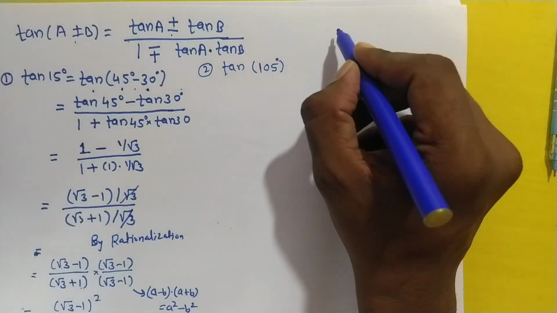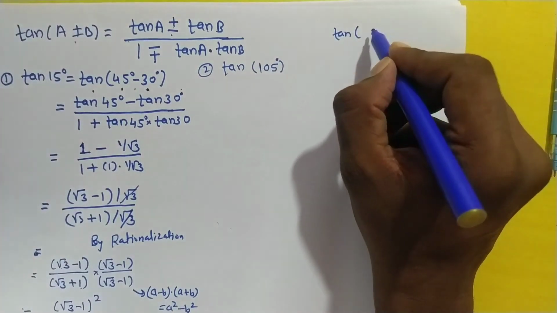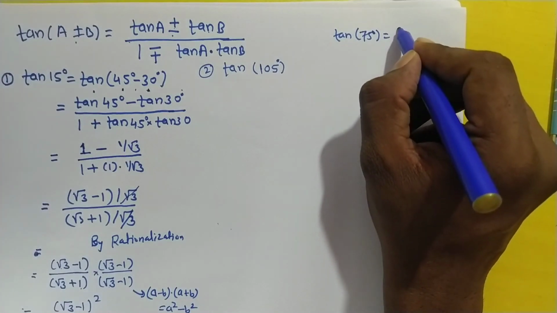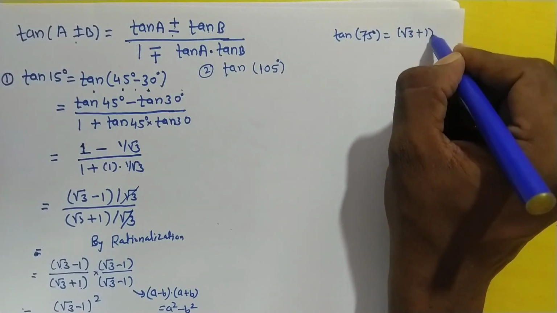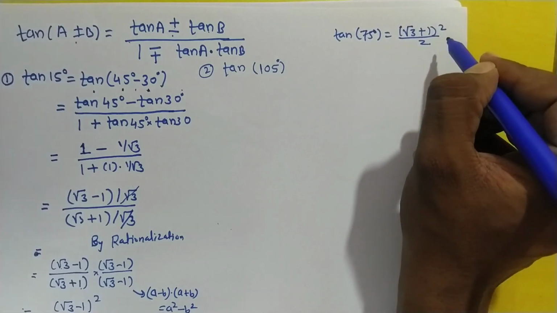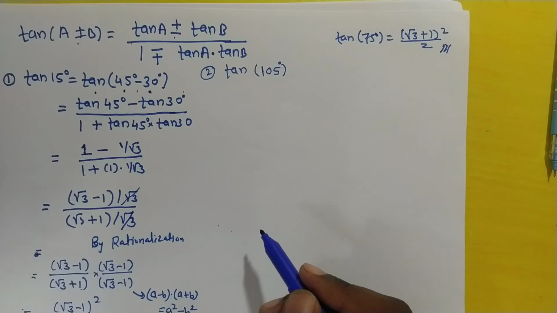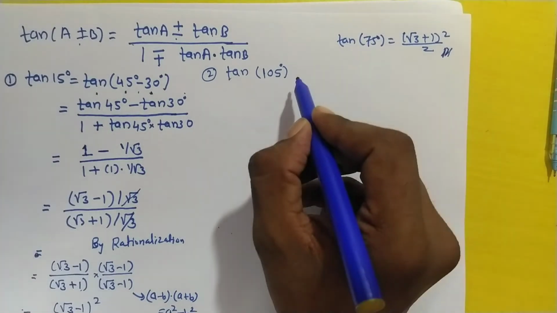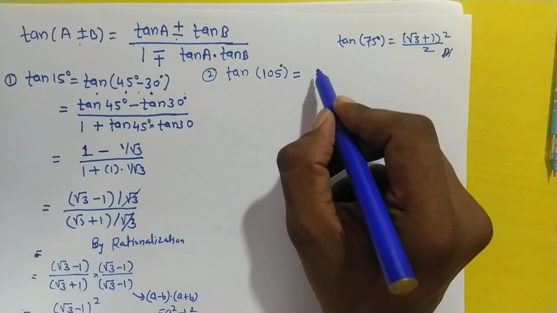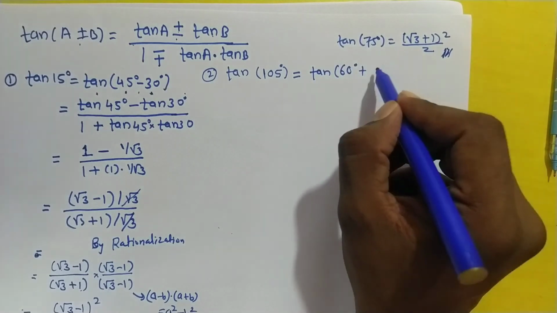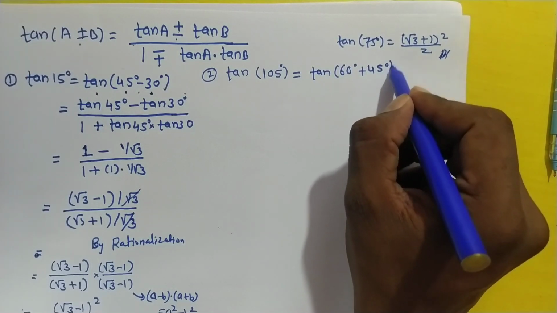So for the tan of 75 degree, we get root 3 plus 1 bracket square on dividing 2. You can solve it at home, practice and check that the answer is right. We take the next example, tan of 60 degree plus 45 degree.